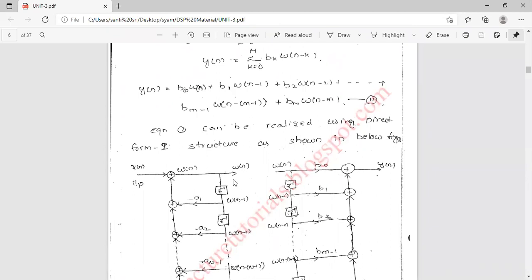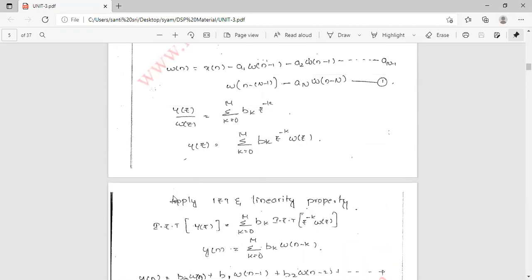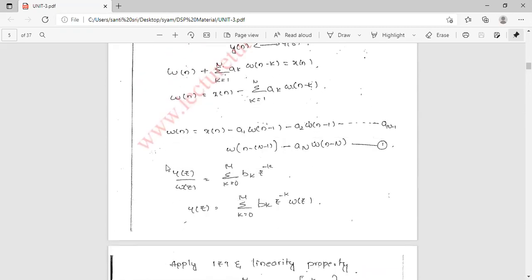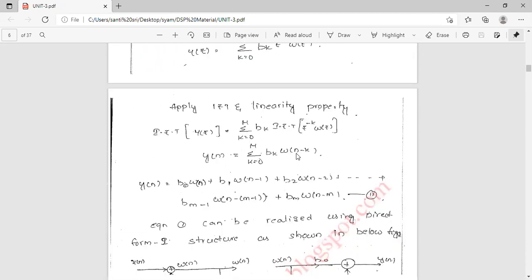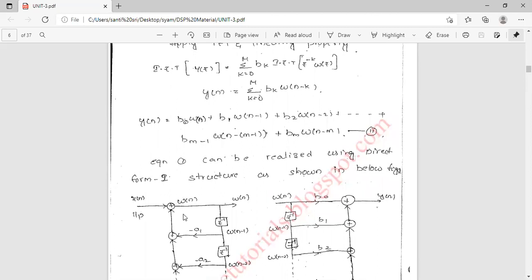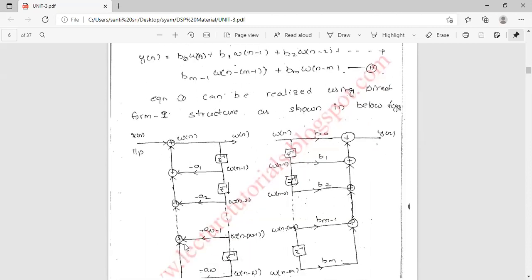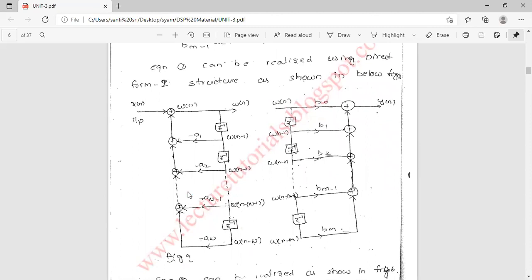So x of n minus a1 into w of n minus 1, minus a2 into w of n minus 2, minus a n minus 1 into w of n minus n plus 1, minus a n into w of n minus n. X of n minus this is equal to w of n, right?